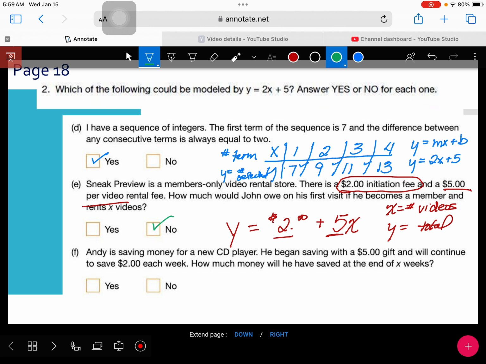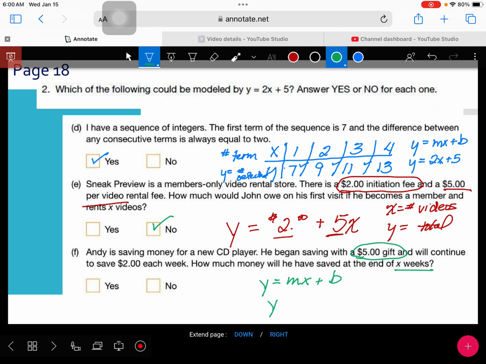And the final one, Andy is saving money for a new CD player. He began saving with a $5 gift and will continue to save $2 each week. How much money will he have saved at the end of X number of weeks? So y equals mx plus b.